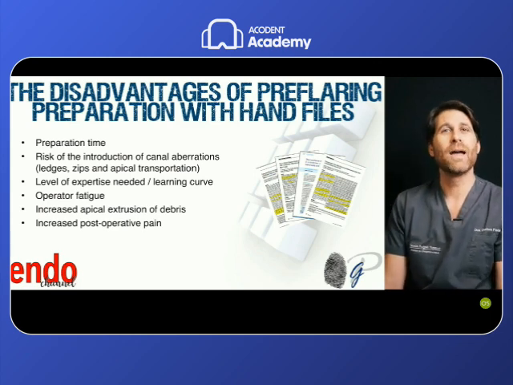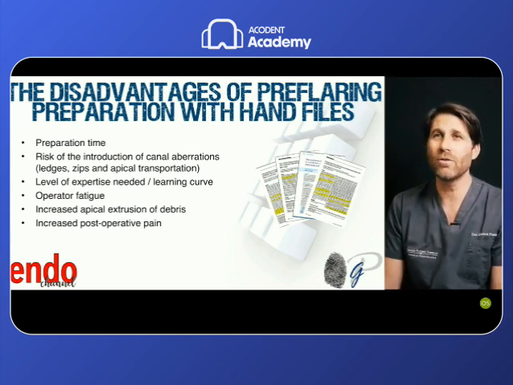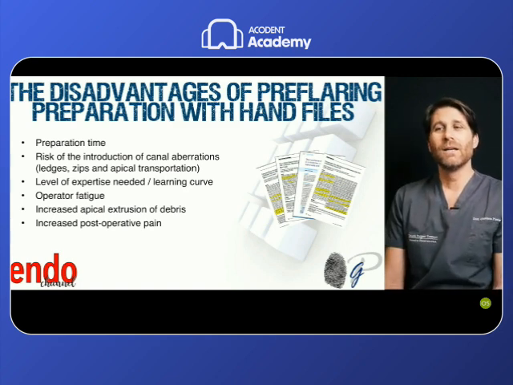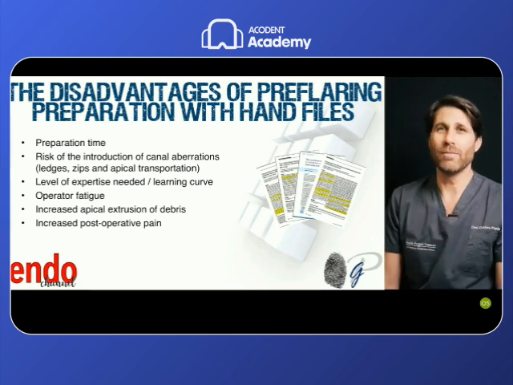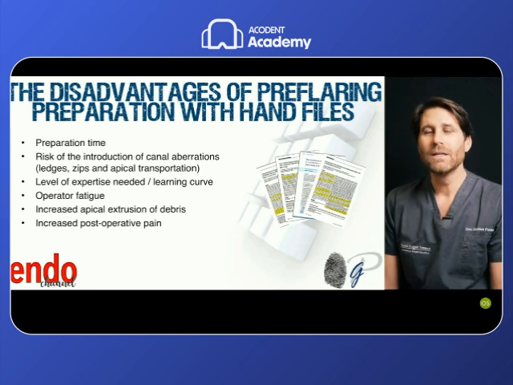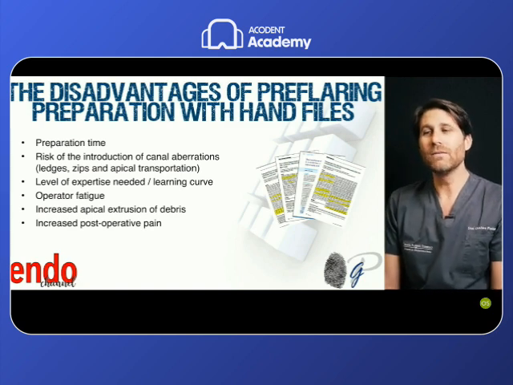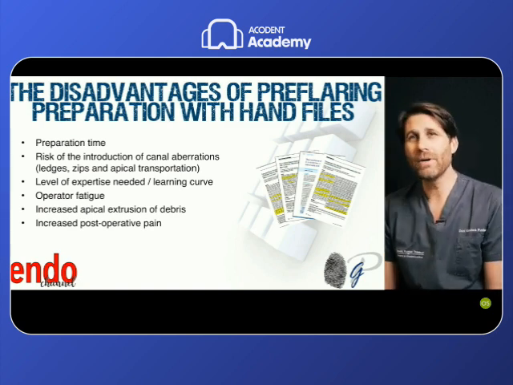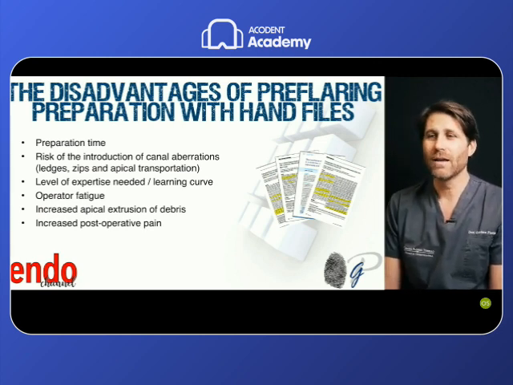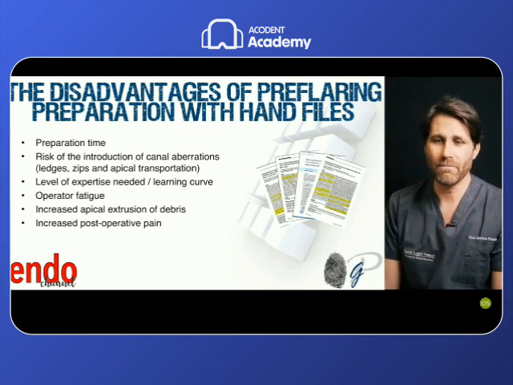So there is a longer learning curve, because we can introduce more errors using rigid stainless steel files. The operator fatigue is higher because by using manual files we make a lot more effort. With manual files, we can increase the apical extrusion of debris because of the movement and the type of cutting of manual files, and we consequently can increase post-operative pain.